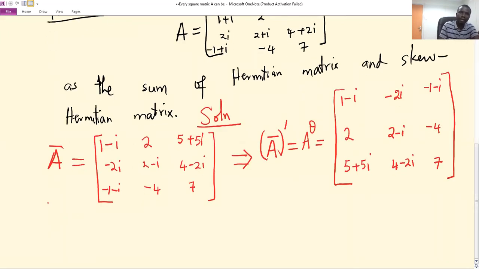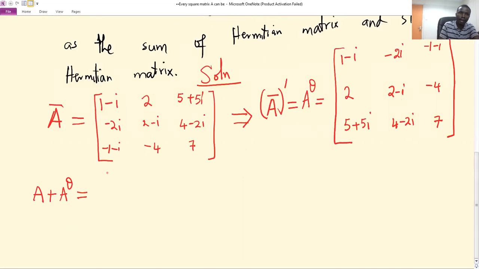Next step, let's define A plus A raised power theta. So we'll have A is given by 1 plus i, 2, 5 minus 5i, then next we have 2i, 2 plus i, and then 4 plus 2i, minus 1 plus i, minus 4, 7.